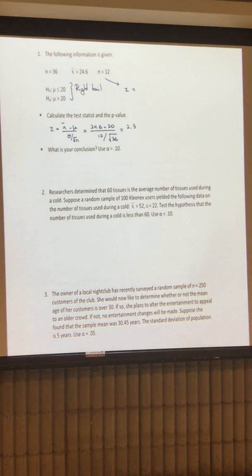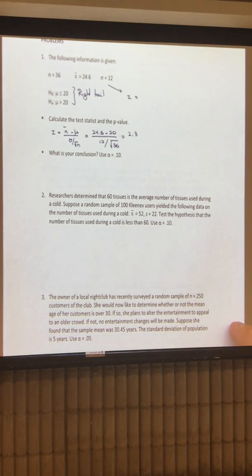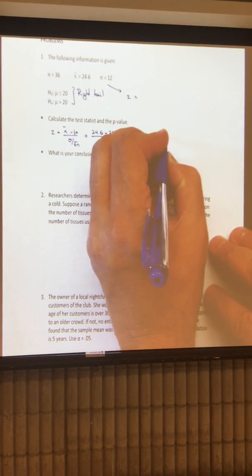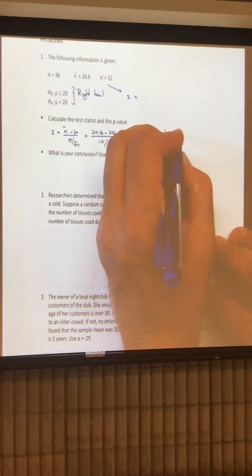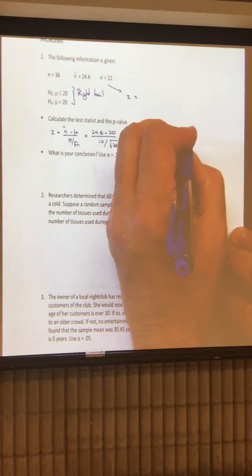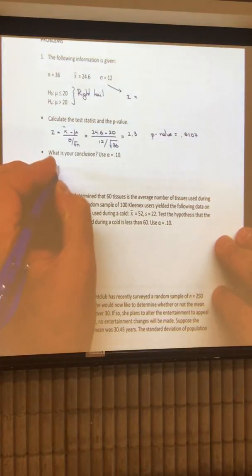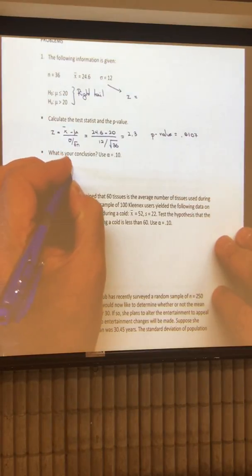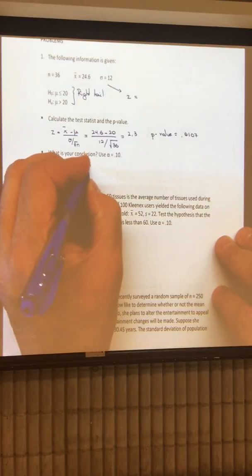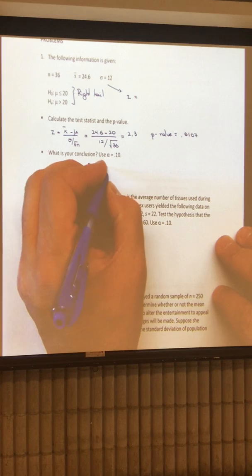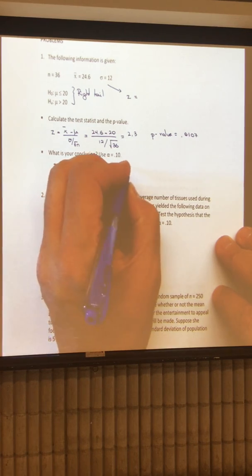So we can also write what is going to be the p-value for this problem. The p-value is equal to 0.0107. As a result, for the conclusion, we have to use alpha 0.01. The p-value is equal to 0.0107, which is less than alpha, which is 0.01.